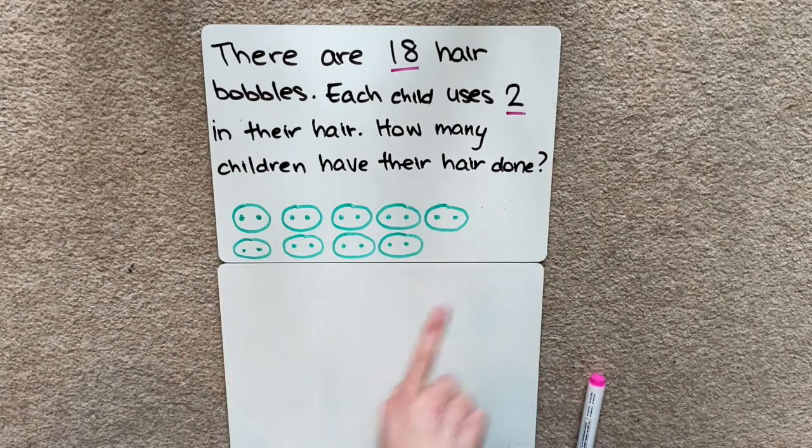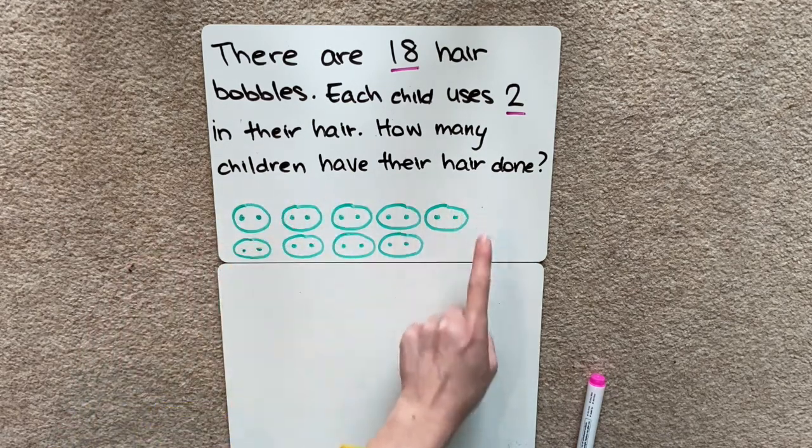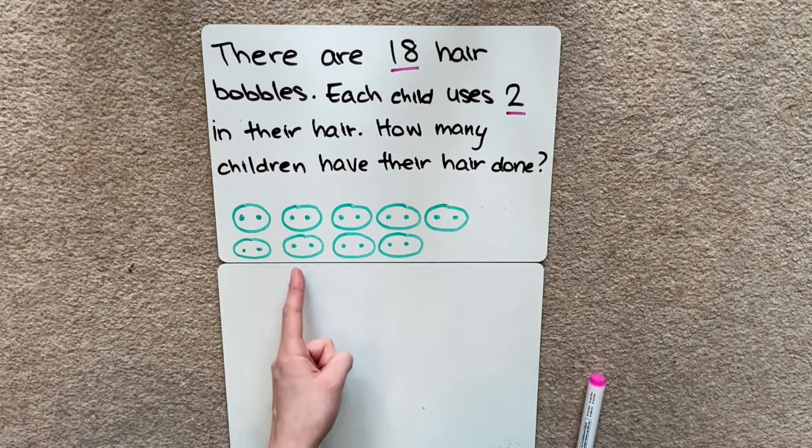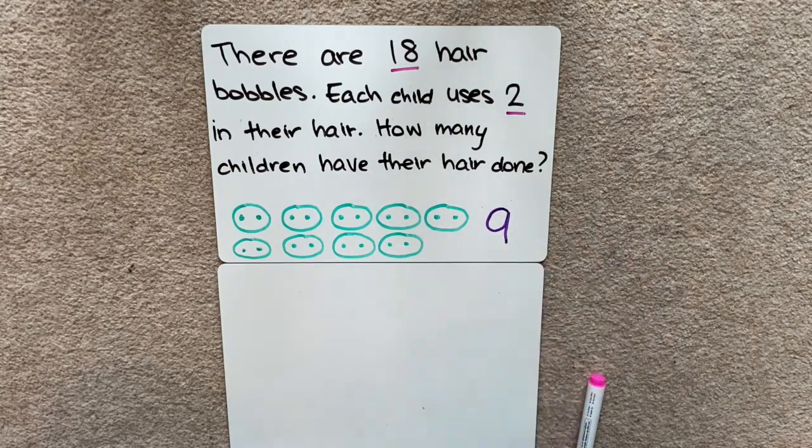So we've drawn this out. How many children have their hair done up? 1, 2, 3, 4, 5, 6, 7, 8, 9. 9 children have their hair done up. So what is this as a number sentence? Start with your all together number.